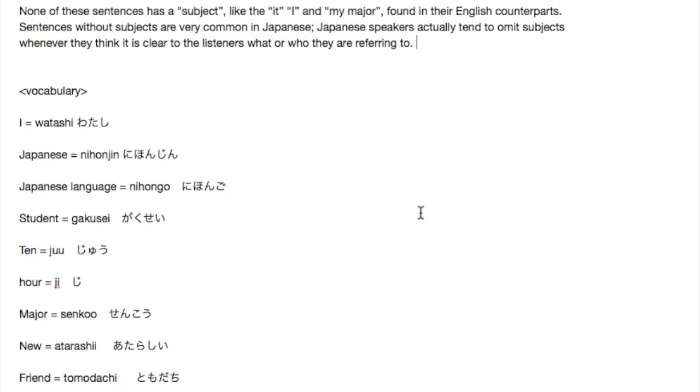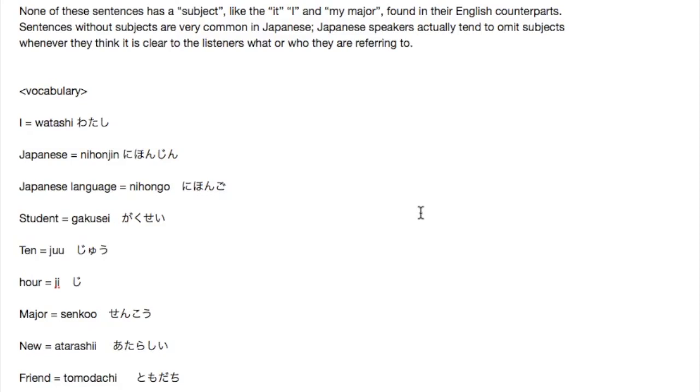Probably you notice, but when you speak Japanese, you have to make it flat. So always try to make the pronunciation flat. So not watashi with an accent.